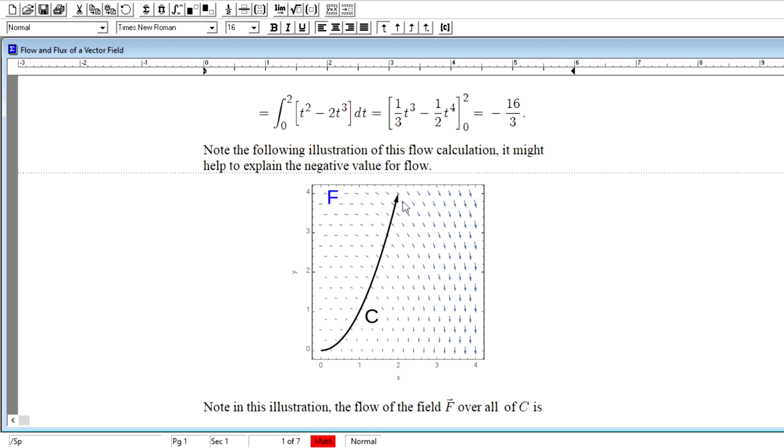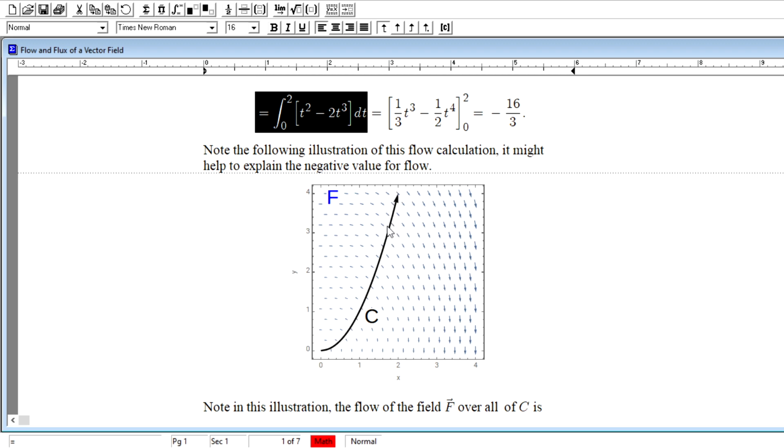Now, if you take note as to how this field is behaving tangential to the curve, which is what we calculate when we make this flow calculation, it doesn't appear that very much of the field is moving in the forward direction. In fact, it looks like some of the field is moving in the opposite direction of what is forward orientation along our curve.